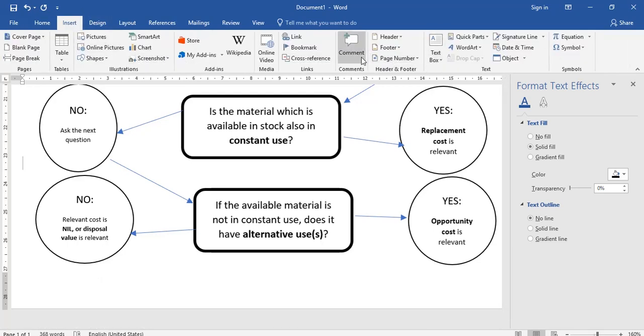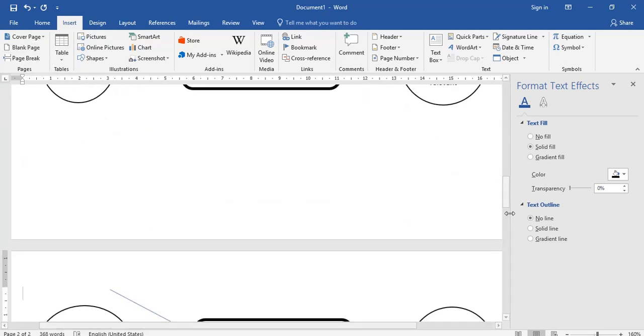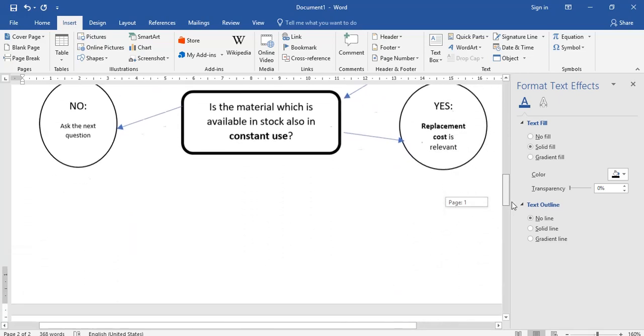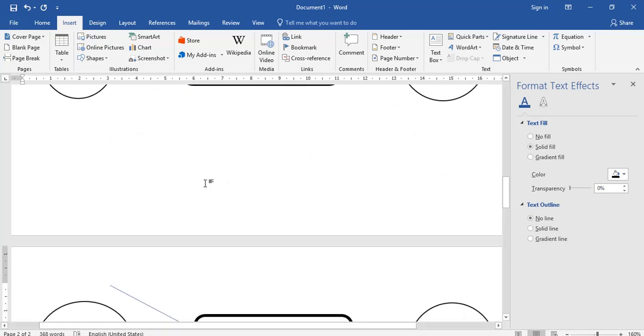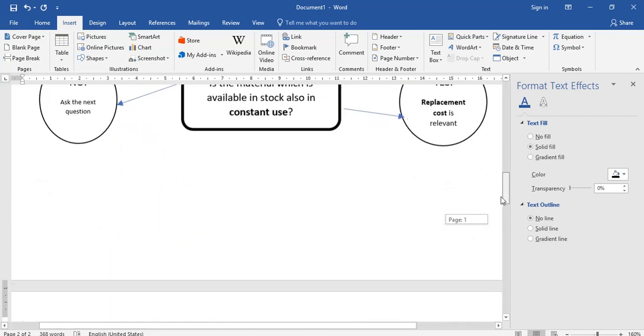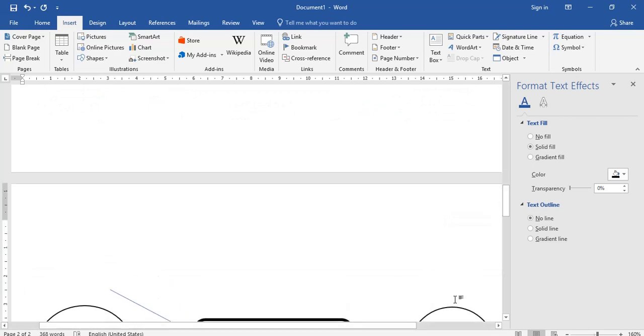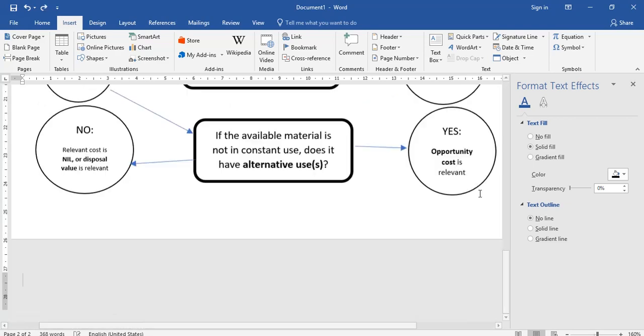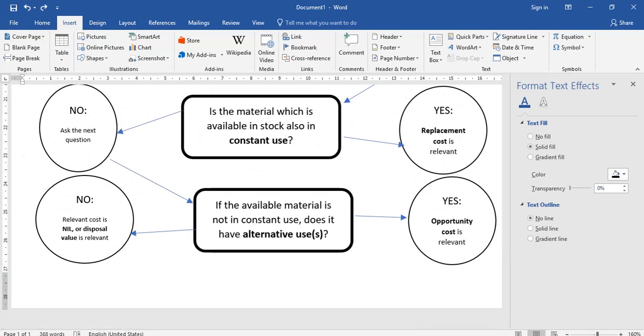What did I do? Okay, so I'm finding it a little bit difficult here.